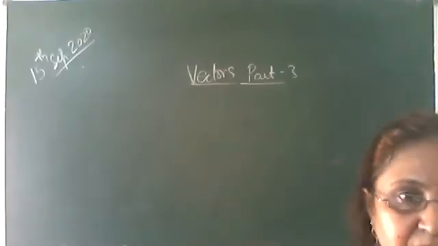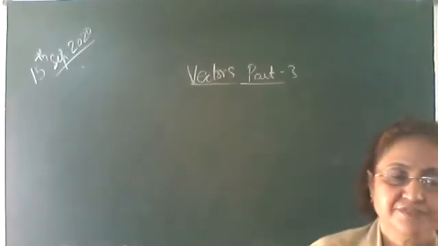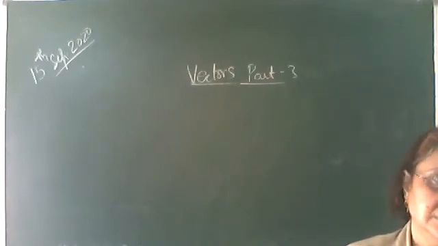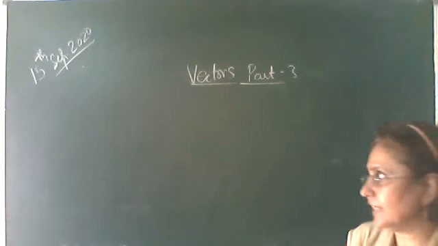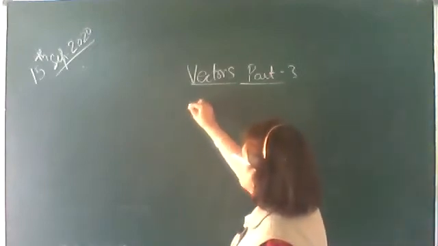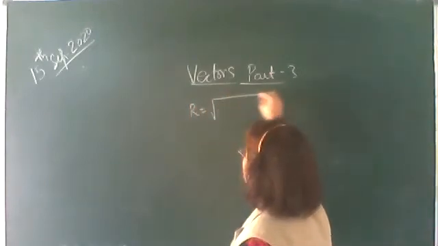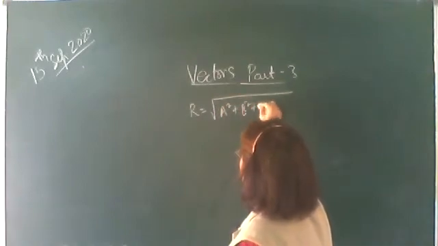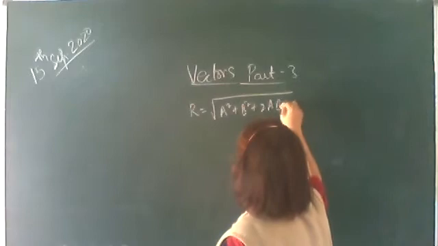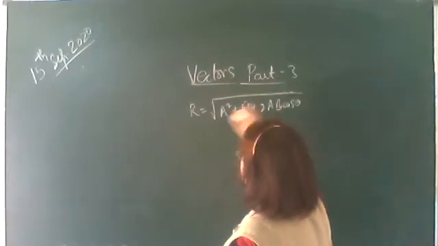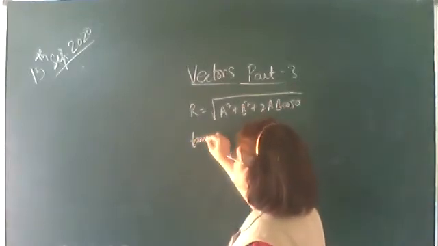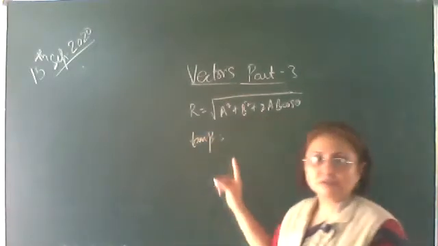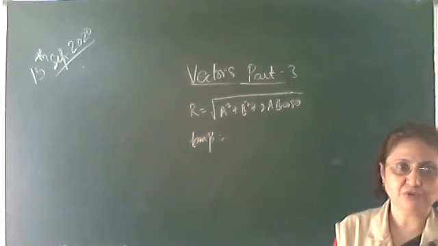Okay, let's continue. We have studied the analytical method. That is some formula we have derived. The magnitude of the resultant is given by under root A square plus B square plus 2AB cos theta, whereas the direction of the resultant vector, direction means angle beta, we have found out.